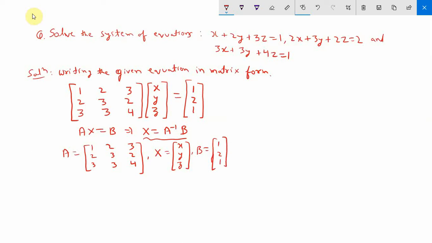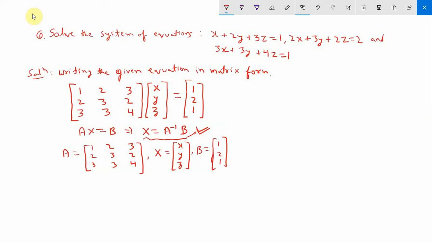Okay. So in order to find X, first we need to see this equation. We have to first find A inverse and then multiply with B. So first we have to find A inverse.